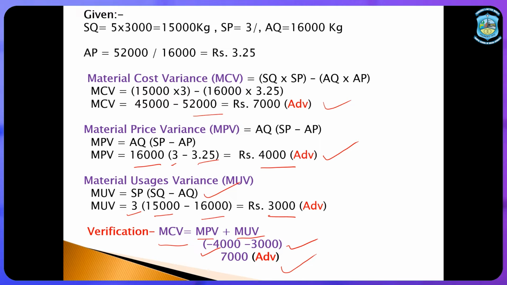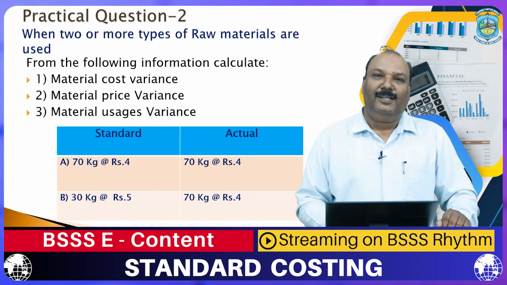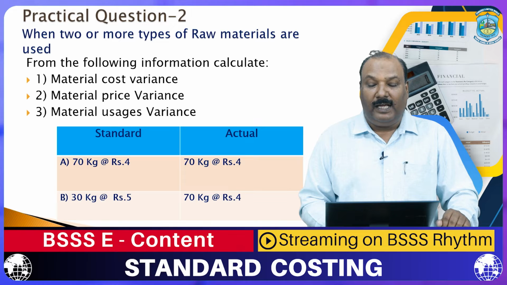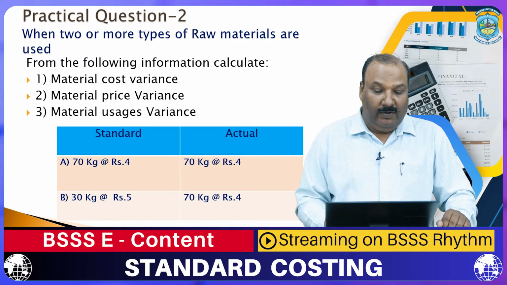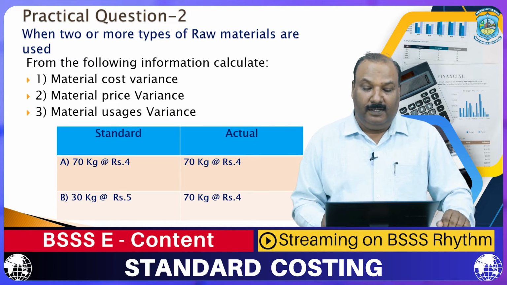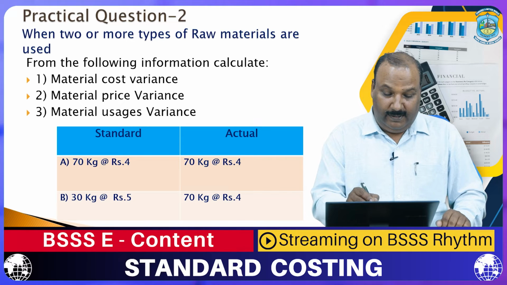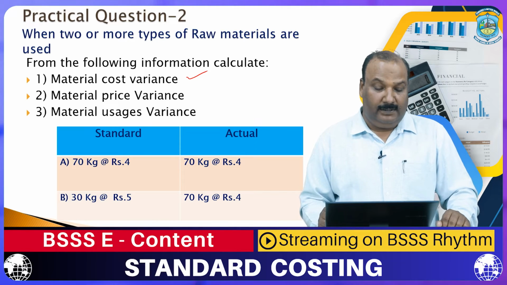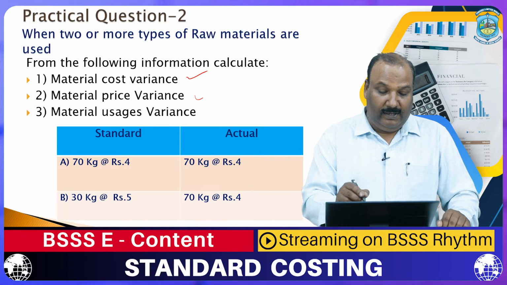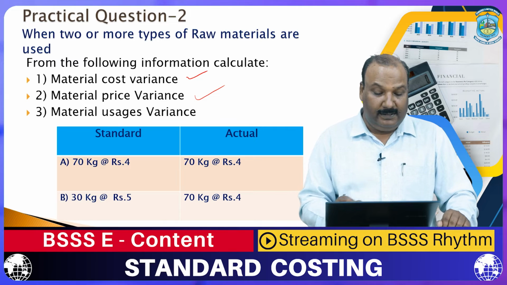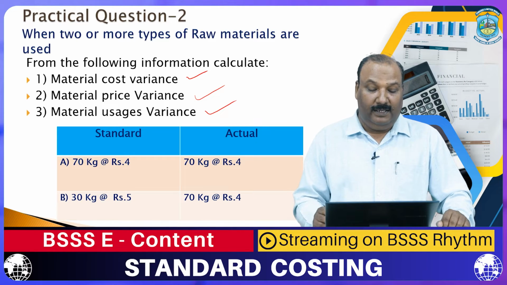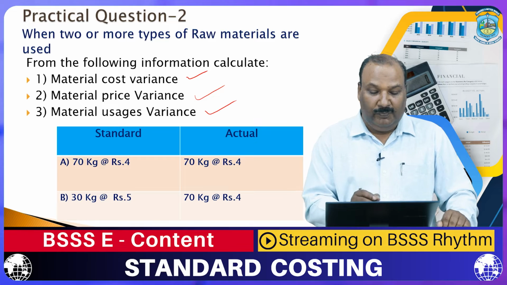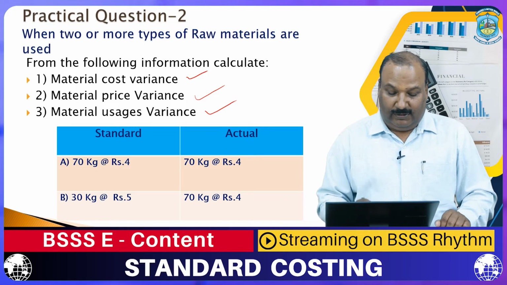Here we have the next question. Practical question number 2. When two or more types of raw material are used for manufacturing, from the following information, calculate number 1 material cost variance, number 2 material price variance, number 3 material usage variance. Further details are as follows: standard and actual.